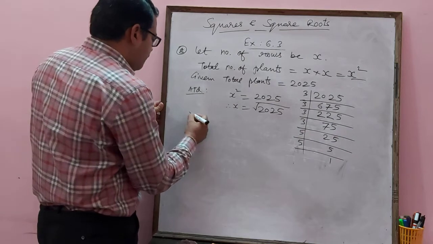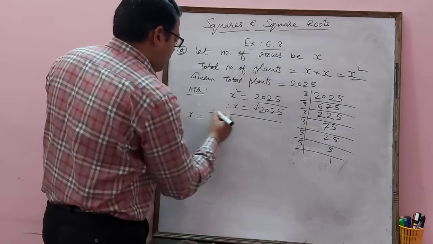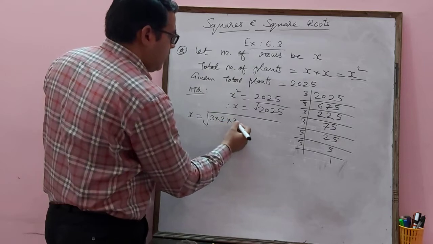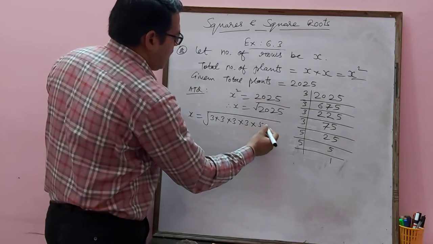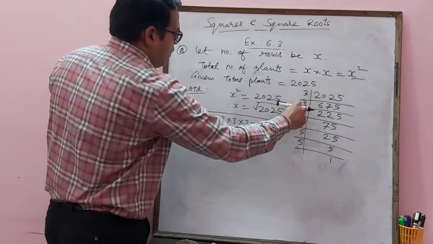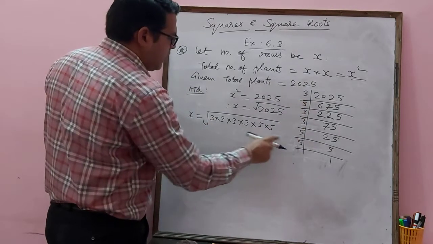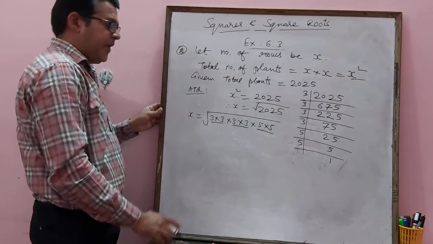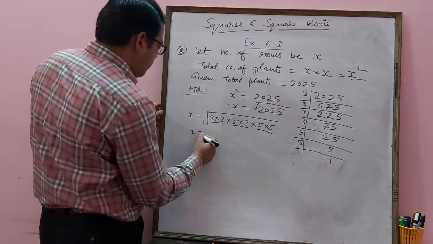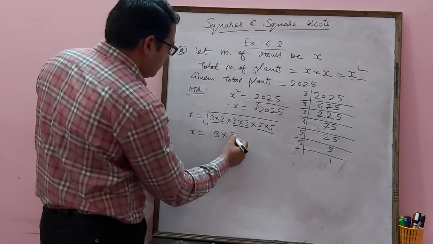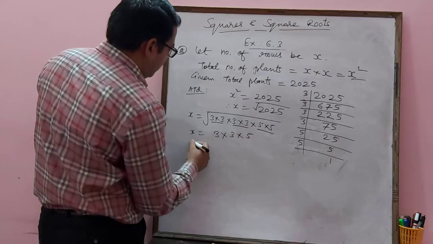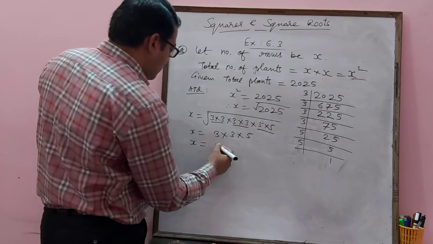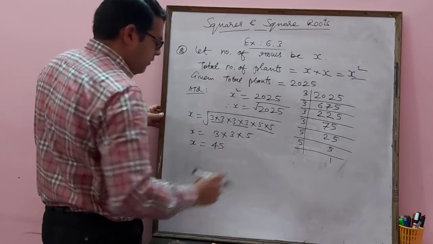So what are the factors here? 3 into 3 into 3 into 3 into 5 into 5. 1 2 3 4, 4 times 3 and 2 times 5. And we can make pairs also. So x, what we have here, 3 into 3 into 5. That is 3 3s are 9 and 9 5s are 45.